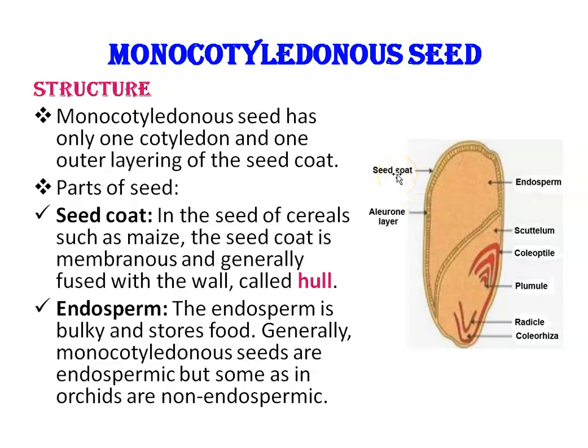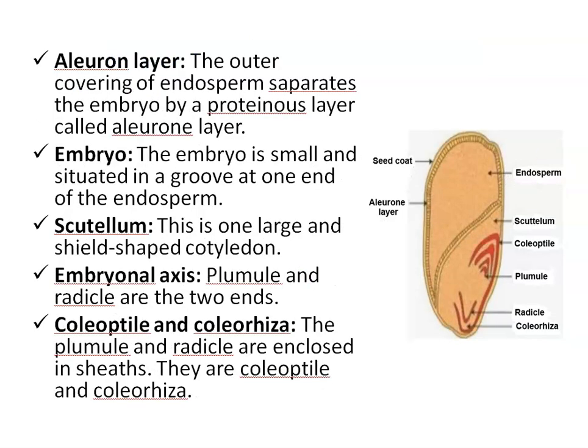In the seed of cereals such as maize, the seed coat is membranous and generally fused with the fruit wall and called hull. Then endosperm. This is endosperm. The endosperm is bulky and stores food. Generally, monocotyledonous seeds are endospermic, but some, as in orchids, are non-endospermic.